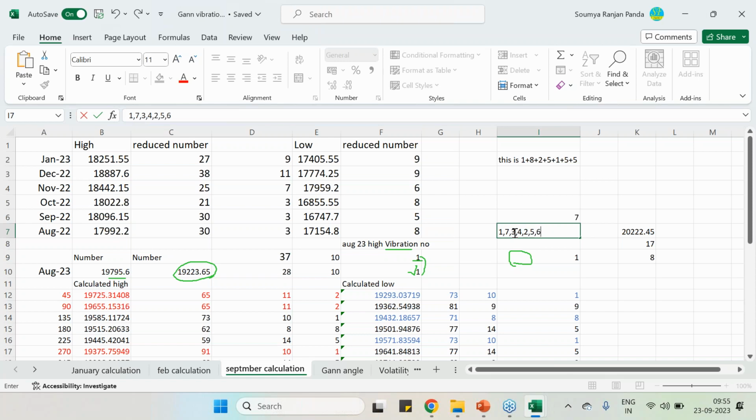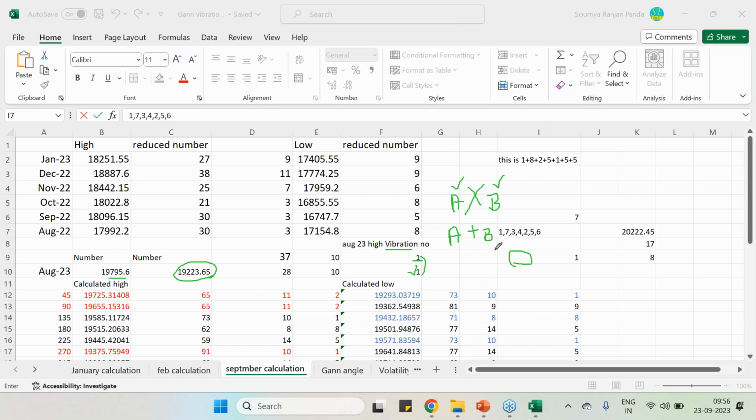However, one set of vibration numbers comes from multiplication: splitting the number into a times b, and you consider a and b as two vibration numbers. Another set of vibration numbers comes from a plus b, the addition process.